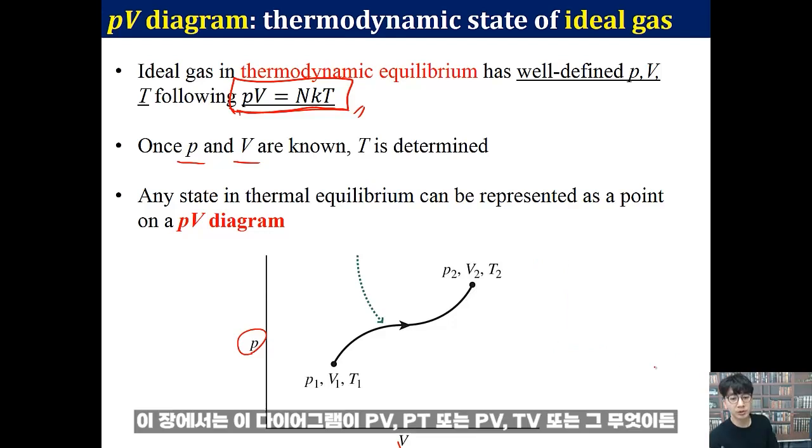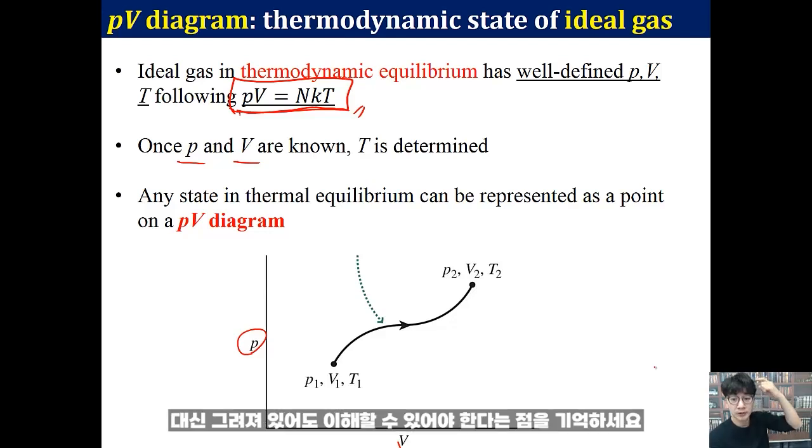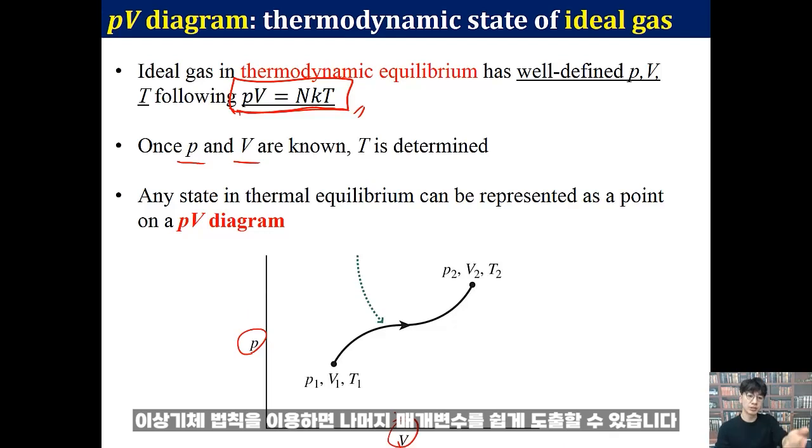Throughout this chapter we will use the PV diagram. But remember, you should be able to understand if the diagram is drawn in PT or TV instead. Using the ideal gas law, you should be able to derive the leftover parameter.